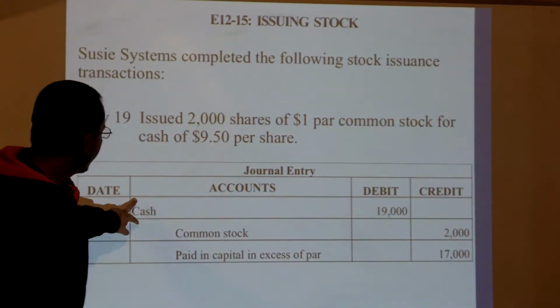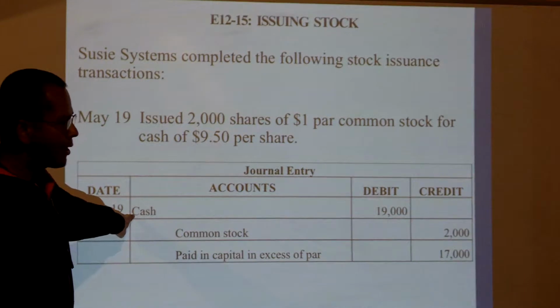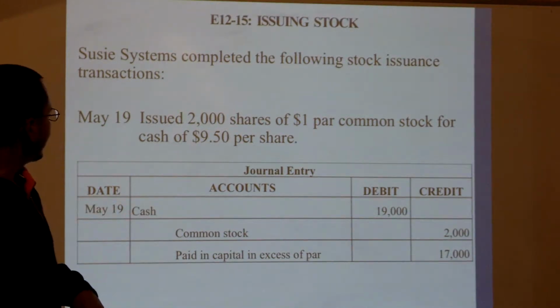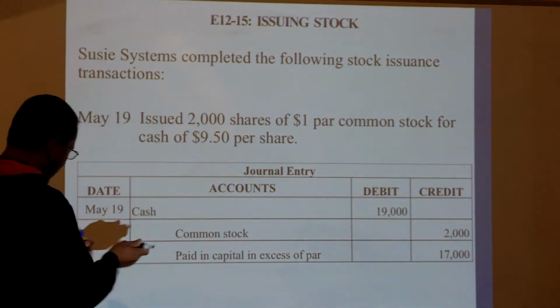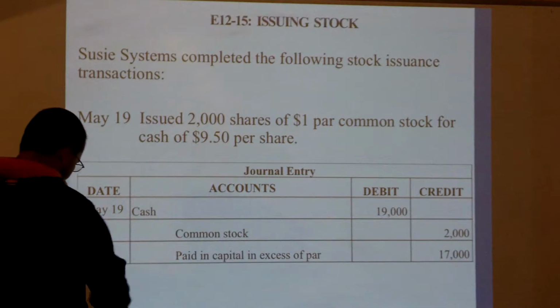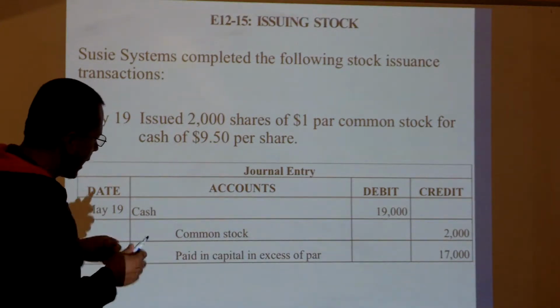Notice that we simply have cash received, so we have a debit of $19,000. How do we come up with that number? I always would ask you to do something like this so you can actually keep track of whether you have the right number or not.